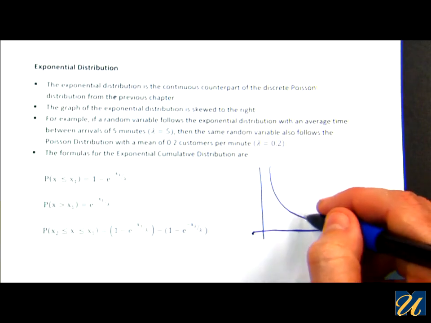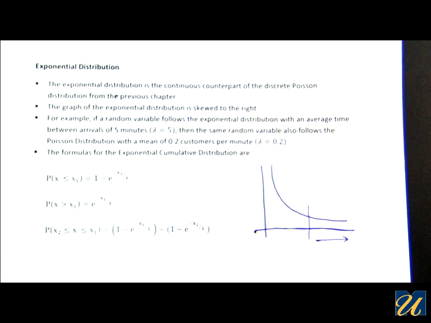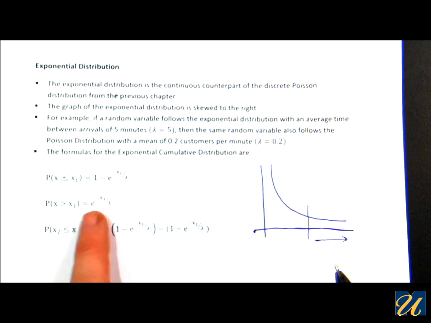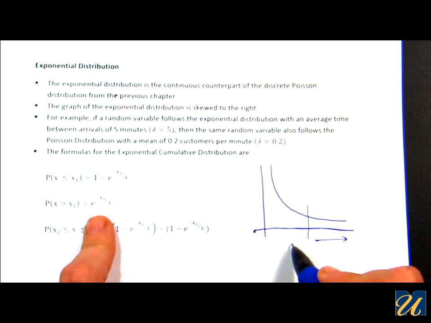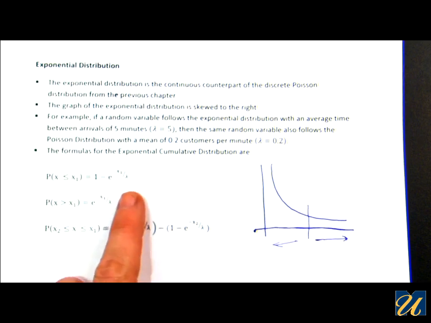So if you're looking for an area that's greater than a specific value, then you will always do e raised to the negative power of x over lambda. If you're looking for an area that is less than, you will be doing 1 minus e raised to the negative power of x over lambda.